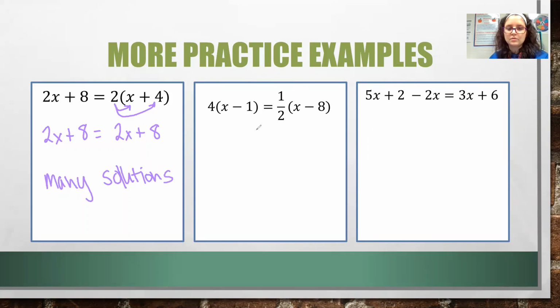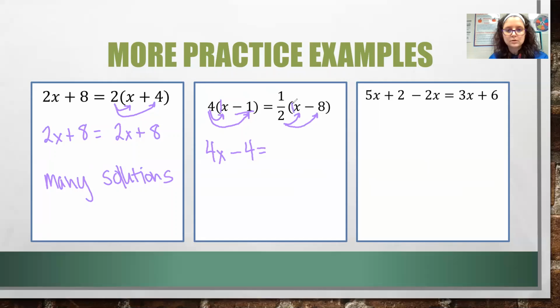Okay, the same thing I have to do here. I have to distribute before I can solve. So I'm going to distribute the 4 to the x and the 4 to the negative 1. I know in front of my x there's an understood 1. 4 times 1 is 4x. 4 times negative 1 is negative 4. Equals 1/2 times x, and we'll do 1/2 times 8.